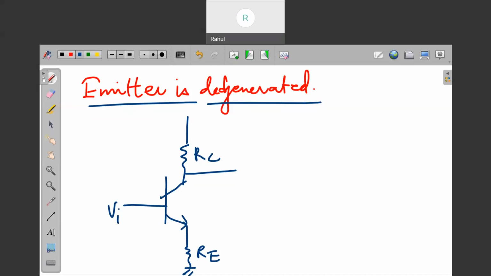Suppose this kind of RE and RC is there, and this is V out, and there is a VCC.